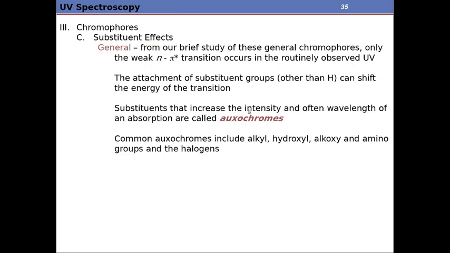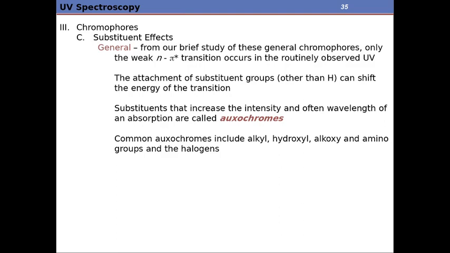So in general, pi to pi star transitions are highly allowed, feasible transitions in ultraviolet and visible spectroscopy, whereas n to pi star transitions are weakly allowed or forbidden in the usual chromophores that you encounter in electronic spectroscopy.